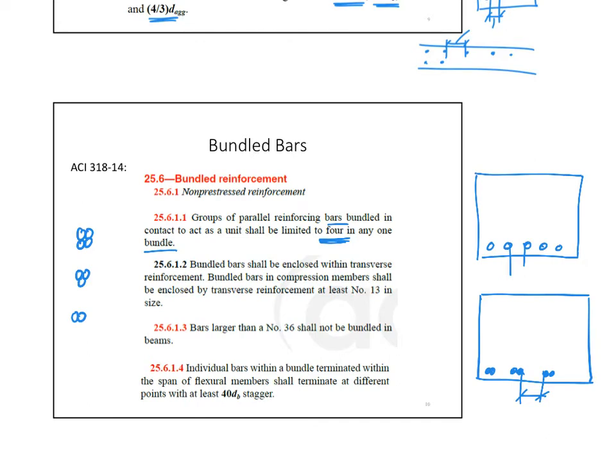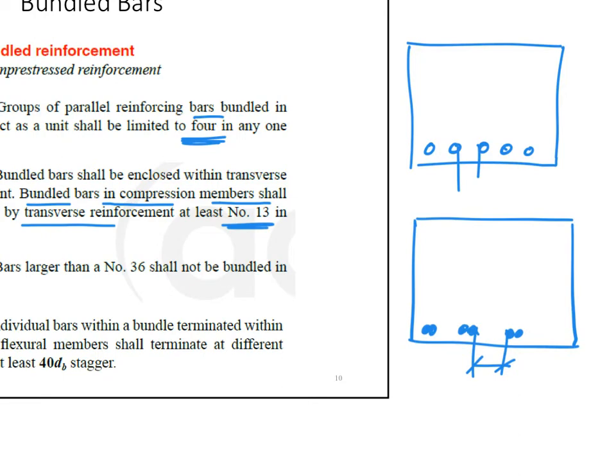Okay? Bundled bars shall be enclosed within transverse reinforcement. So, the remaining of it: bundled bars in compression members shall be enclosed by transverse reinforcement that is at least number 13 in size. So the first one tells you that you shall have your transverse reinforcement around all the bundles, like this.